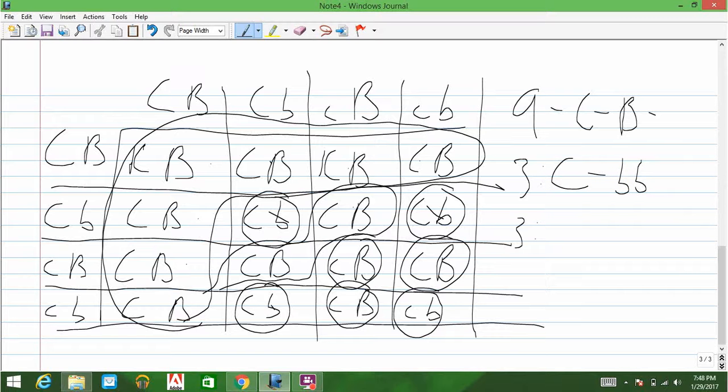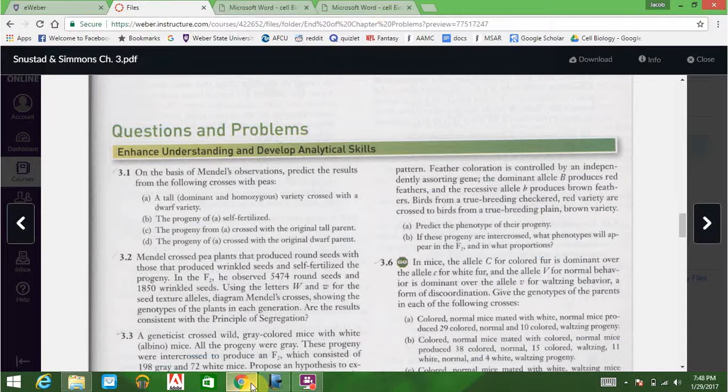And then you get your 3 little c, big B, big B's right there. And then you're going to have just this one lonely recessive. Yeah. So that way works as well. It's just a lot more time consuming. So it's a lot easier if you can just remember the 9:3:3:1 ratio. And that is problem 3.5.